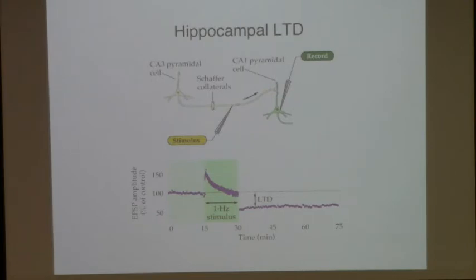All right, so then I'm going to tell you a little bit more about hippocampal LTD because it's the other side of the equation. People started to look for LTD after the successful elucidation of LTP, and there's one good reason.